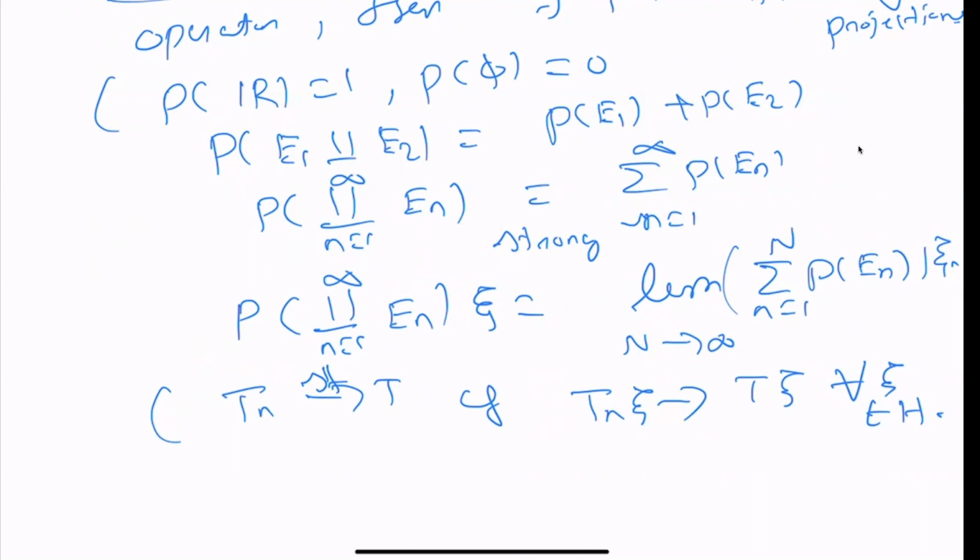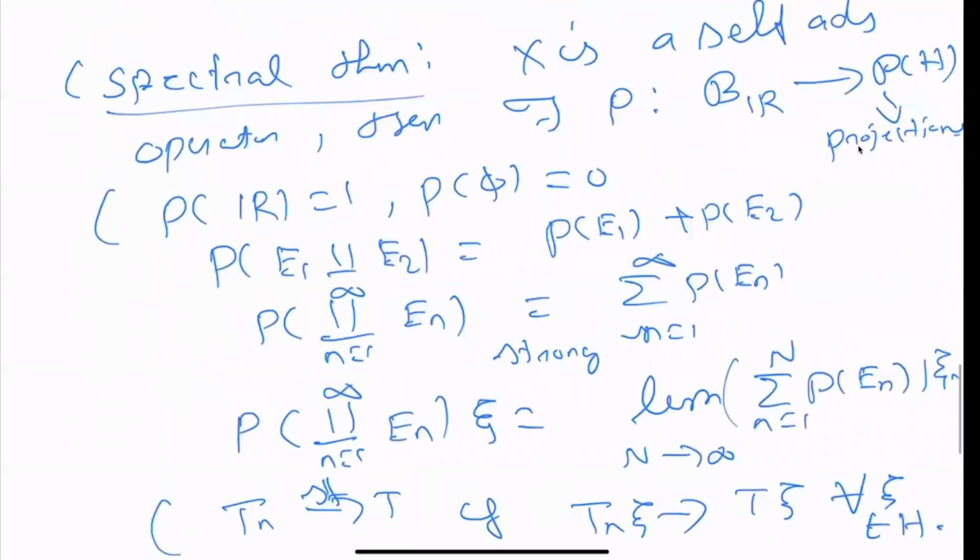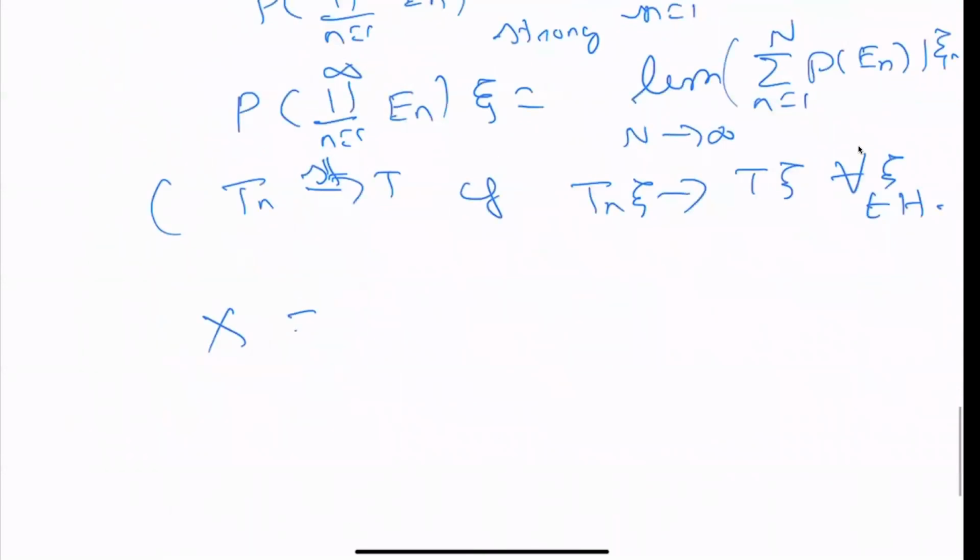So you have a projection valued measure, and then X is the self-adjoint operator. The spectral theorem says X is actually given by the integral of small x, where small x is the integrand, with respect to P, that is, X equals the integral of x dP(x). You are integrating with respect to this spectral measure. I will tell you what it means.